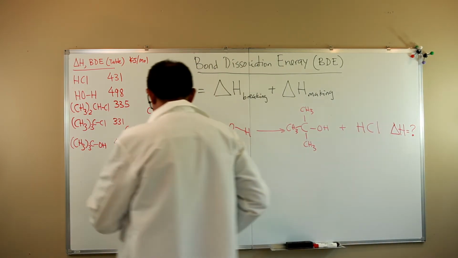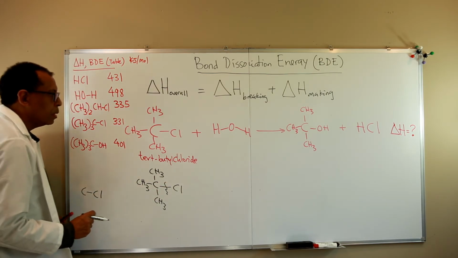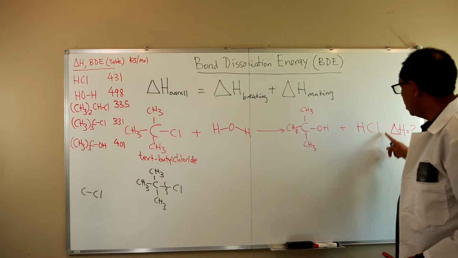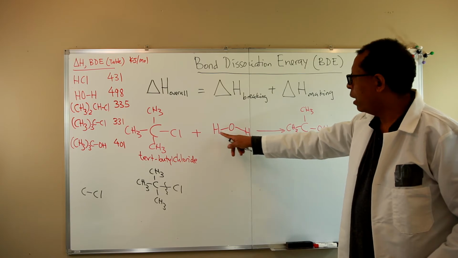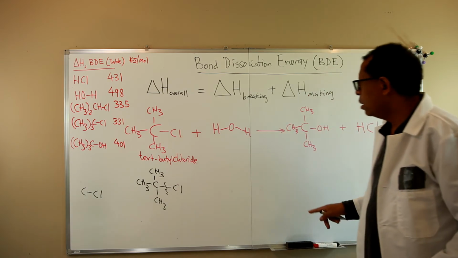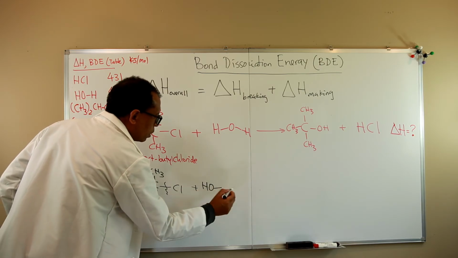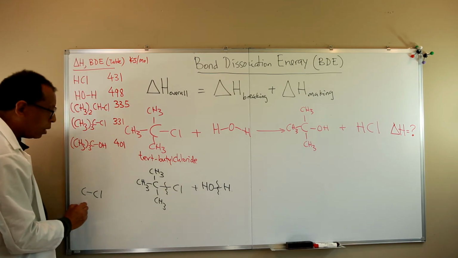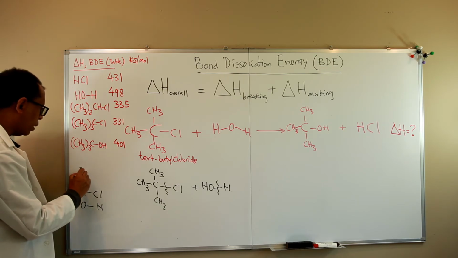So one of the bonds broken is the carbon-Cl bond. HCl is being formed, so one of the hydrogens has been broken away to connect with this chloride. So one of the bonds broken is the H-OH bond, the O-H bond.